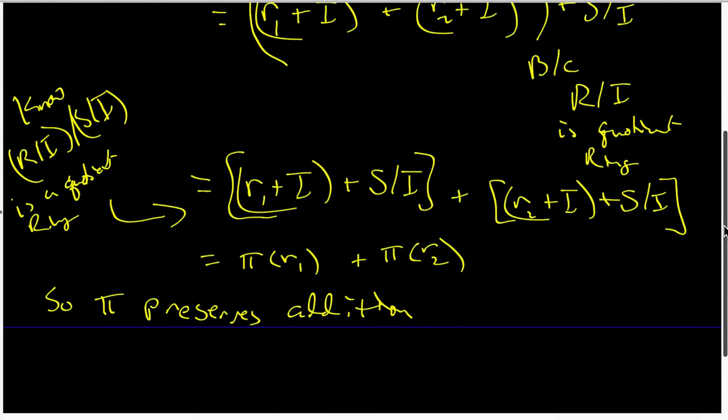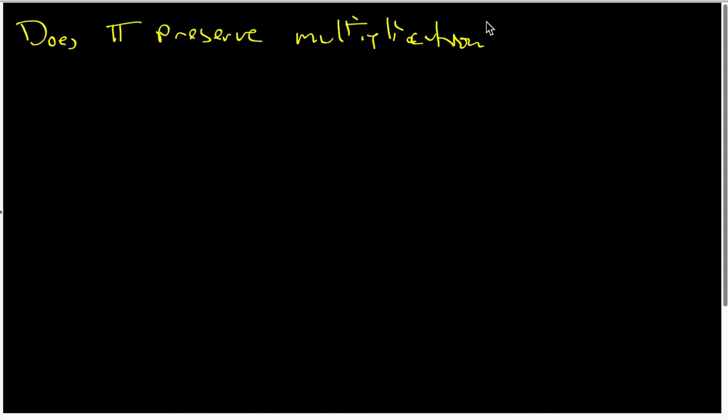So now what we have to do is turn our attention to whether or not pi preserves multiplication. Well, let's see what pi of r1 times r2 does.